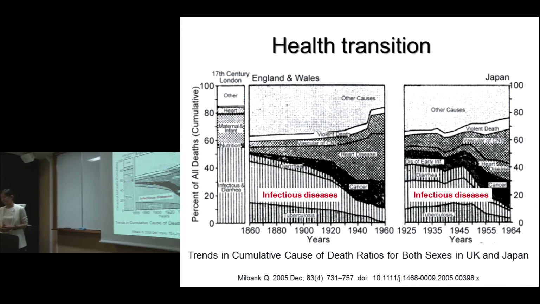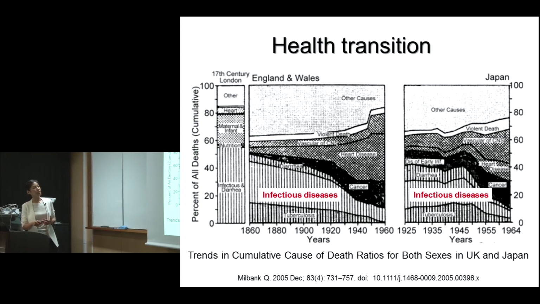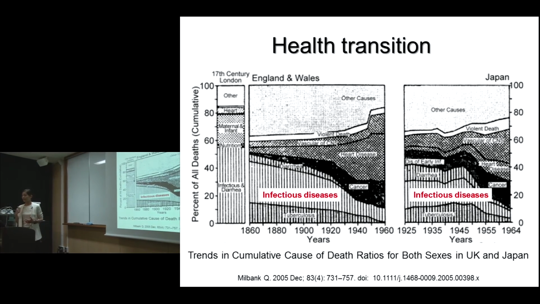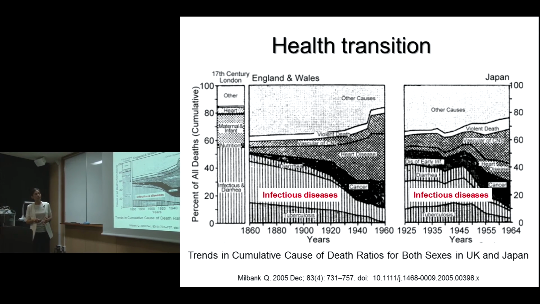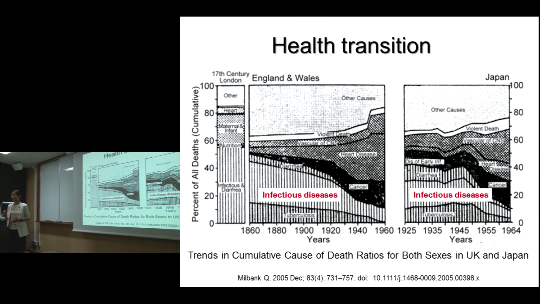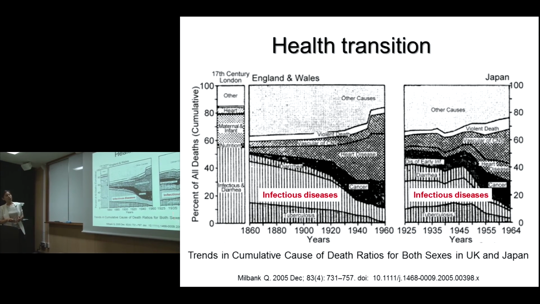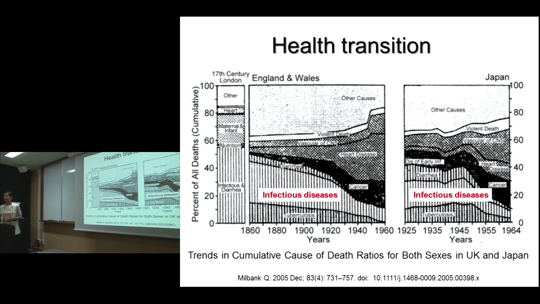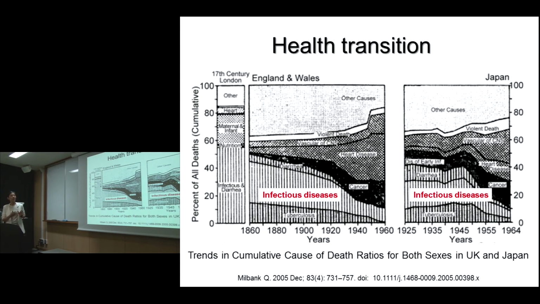And on the other hand, heart diseases and cancer, or diseases of the affluent, were increasing at a very rapid rate. What is worth noticing is the speed of transition in Japan after the World War due to the commitment and establishment of public health centers, sanitary improvement and vaccination, so on and so forth, which have led to this rapid transition, much more than the UK, if you can see here.